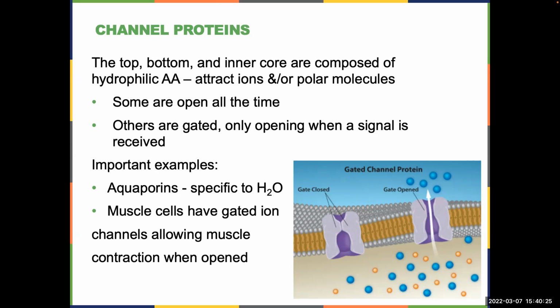Whereas things like muscle cells will have specific ions that trigger, we call it a gated ion channel. And when that ion's present, it'll cause the channel to open up, and that will lead to muscle contraction.